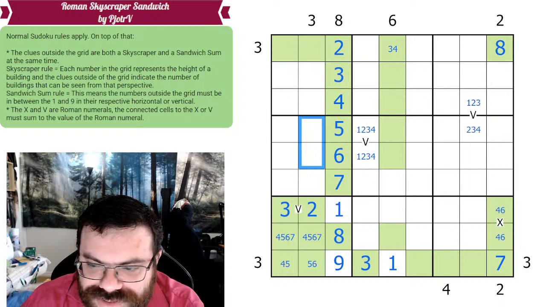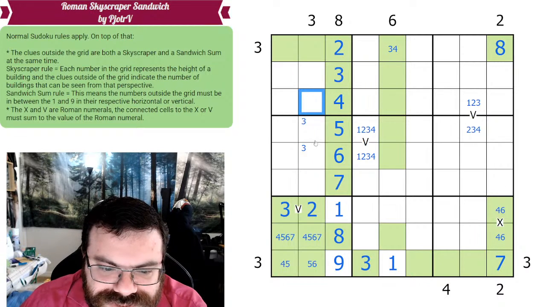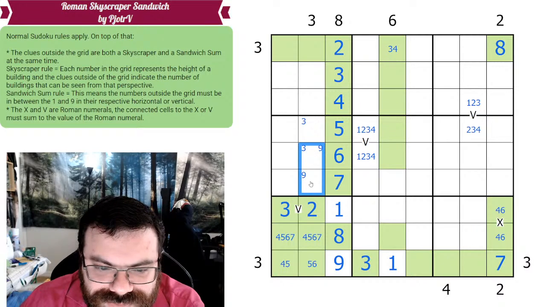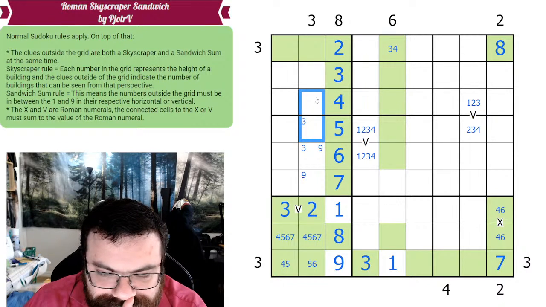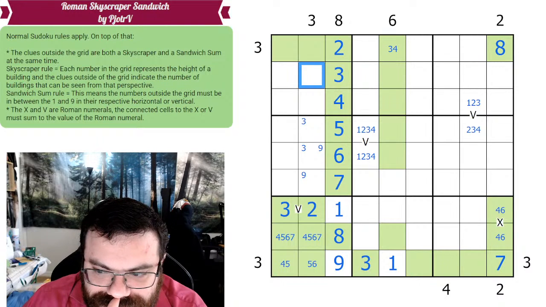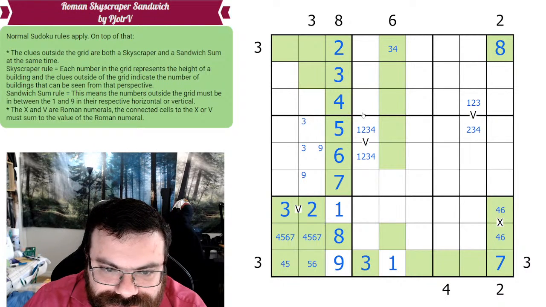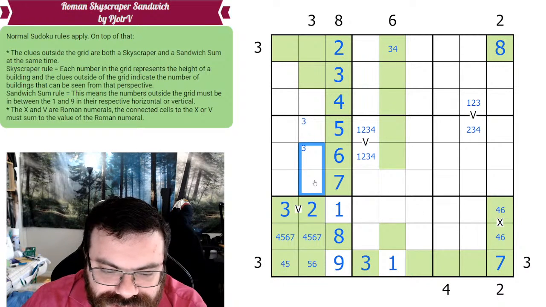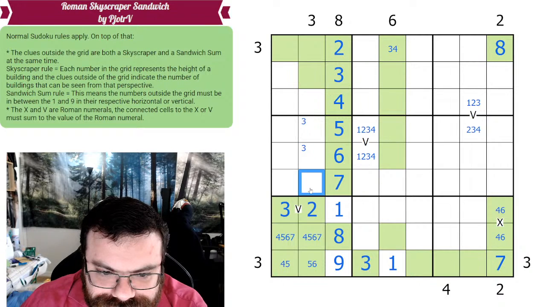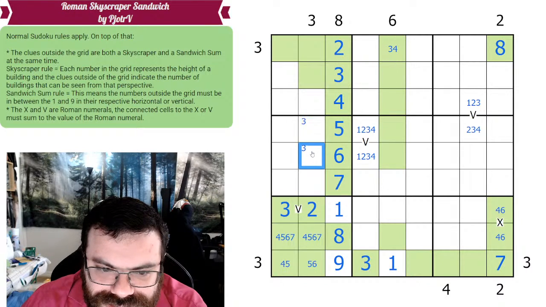3 doesn't go here either, so one of these two is a 3. So a 9's in one of these two, and a 1 is in one of these two. So this can't be the 1 anymore. Or the 9. Oh, this could be 1 or 9. I don't know why I forced it to be 9. It could be 1. Yeah, that's all I know, the 3's.